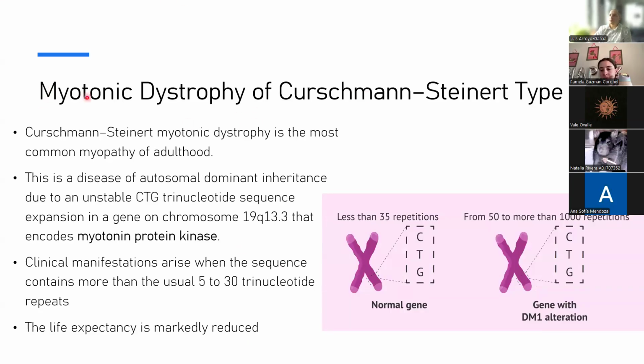And then we have the last one. Okay, we have the myotonic dystrophy of Hirschmann-Steinert type. And this is the most common myopathy of adulthood. There's also a gene in this chromosome that encodes this protein kinase.